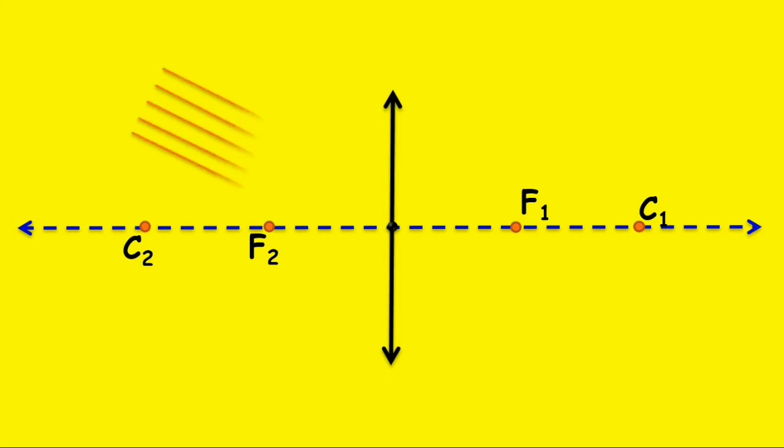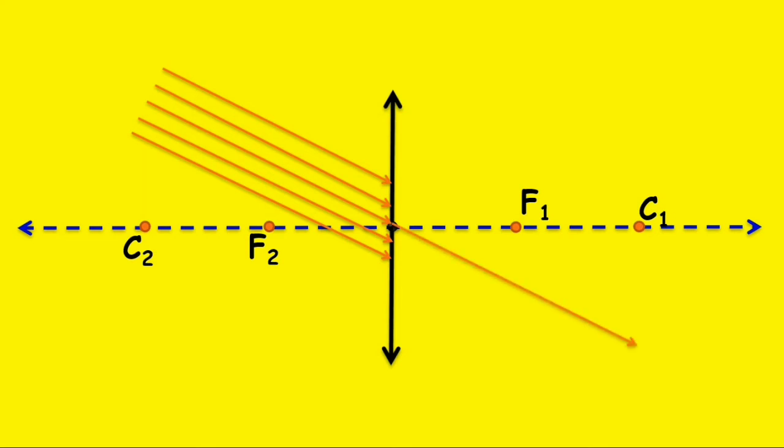Let us take parallel rays which are making some angle theta to the principal axis. They are not parallel to the axis. And we know the ray at the center is passing through the optic center, so it will be undeviated and pass like that.